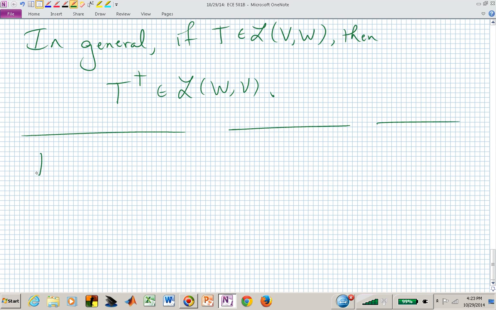Now, we can write down some properties that the adjoint satisfies or has. So the adjoint has the following properties.